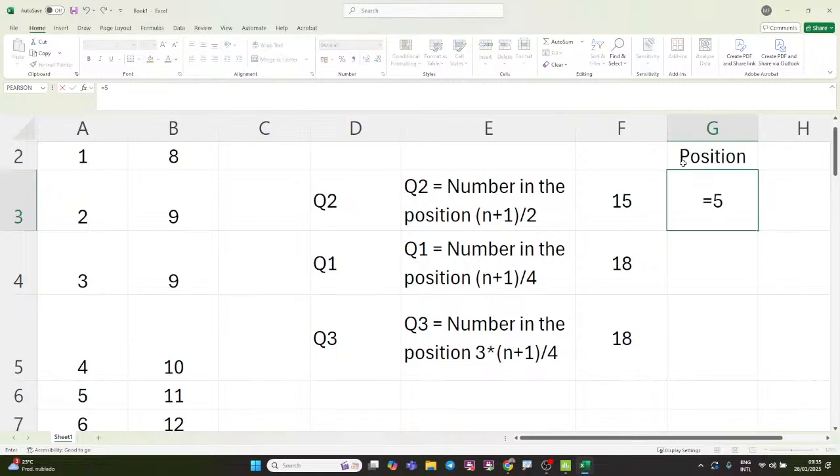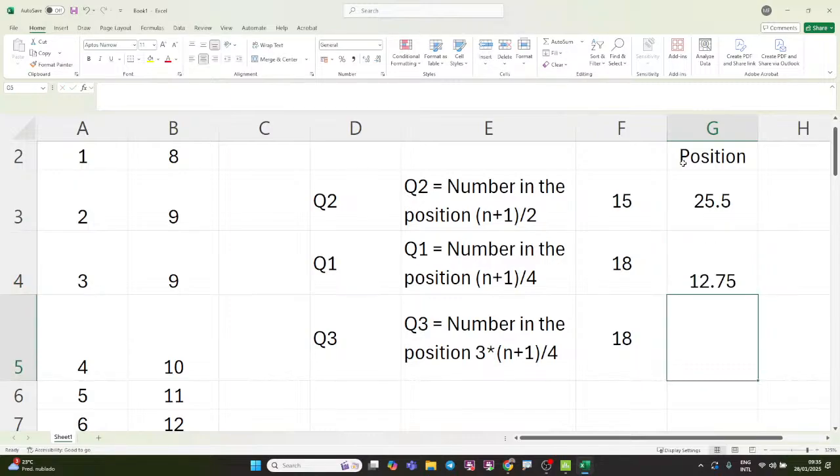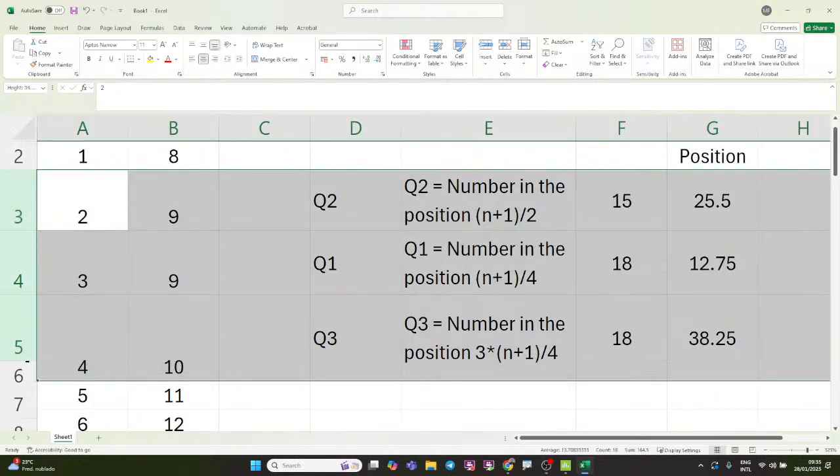Here we would have 51 divided by 2. Here we would have 51 divided by 4. And here we would have this guy here times 3. So what's the number in the position 38.25? So let's take a look here. 38.25.